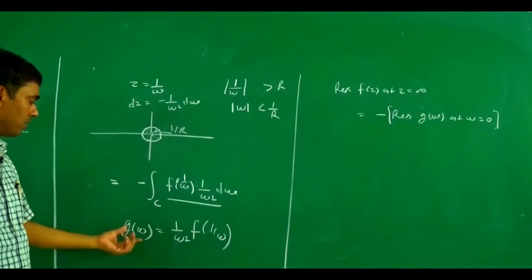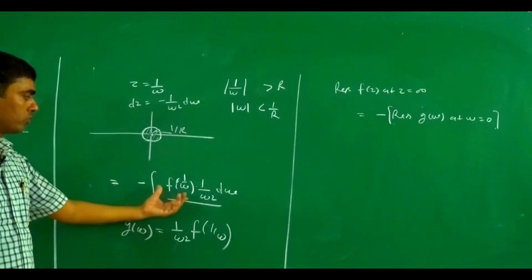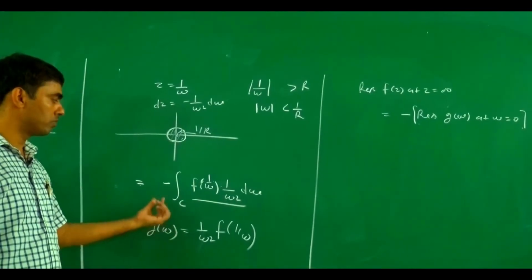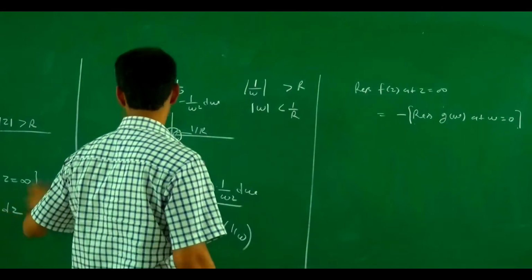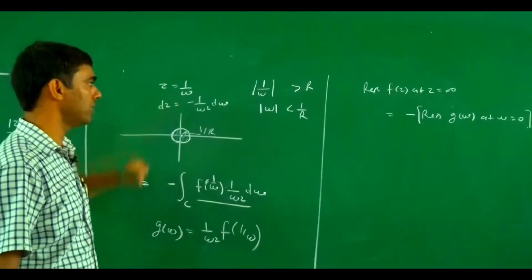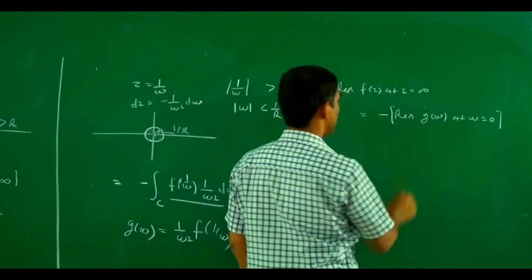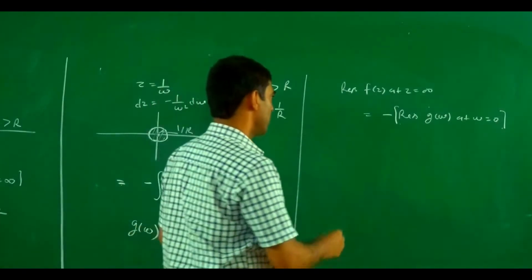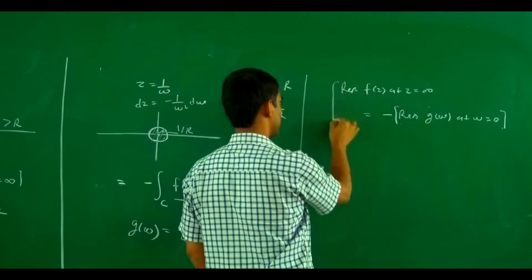If this is denoted by g(w), then the residue of g(w) at w equal 0 with a minus sign equals the residue of f(z) at z equal infinity, because we obtain this with the transformation z equal 1 upon w. So the residue of f(z) at z equal infinity equals minus the residue of g(w) at w equal 0. This is equivalent. You may also say, suppose this one is expression 1.